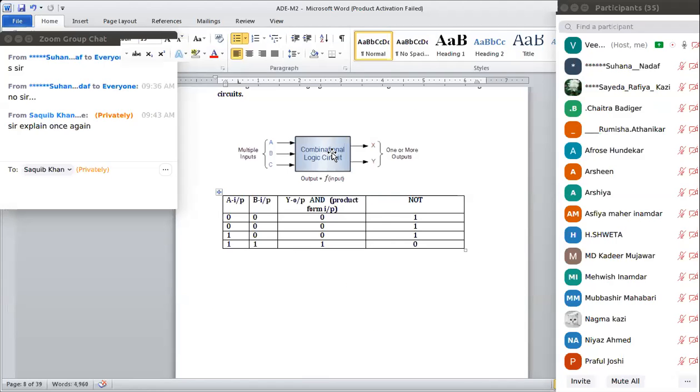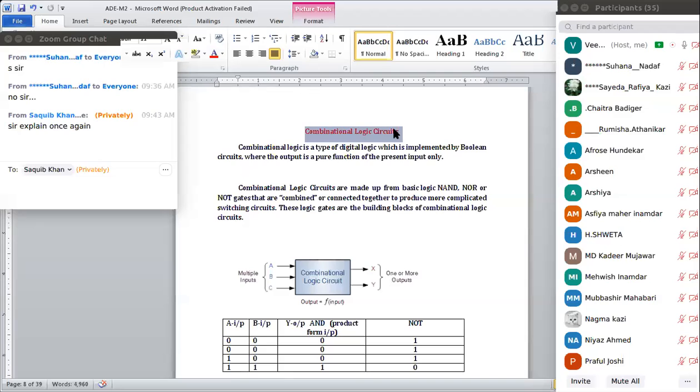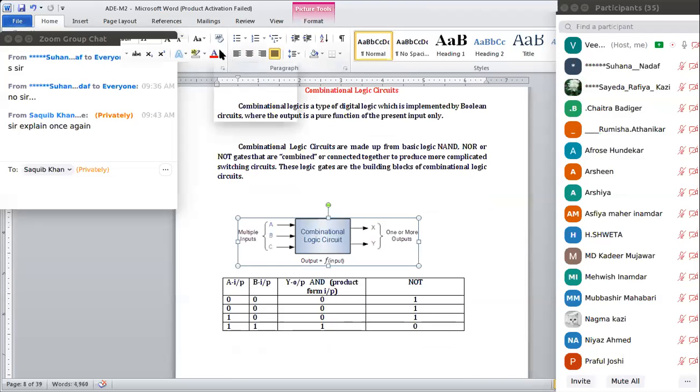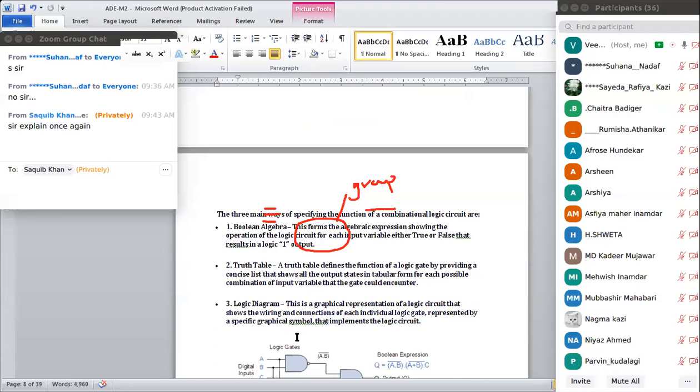Now, when I say combinational logic circuits, this combinational logic circuit will have inputs and outputs. So what is this combinational logic circuit? This is a graphical representation of a logic circuit.